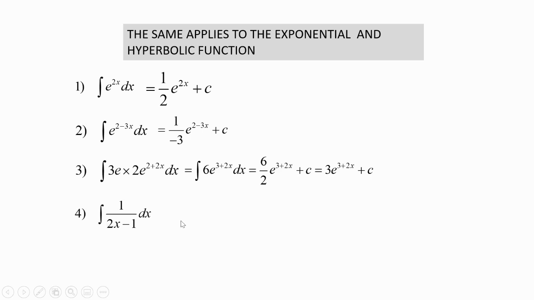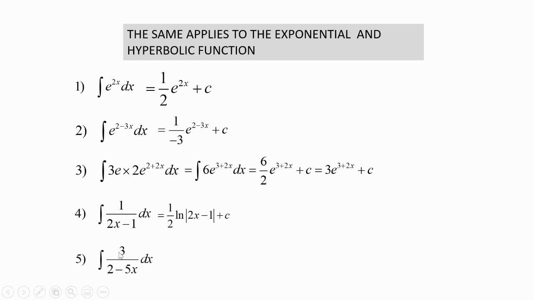When it comes to the hyperbolic function, remember that with the integral, we're dealing with ln, the natural log, but here it's a linear function over there. So I find the derivative of it, so it's going to be a half, or 1 over 2 ln mod 2x minus 1, or absolute value of 2x minus 1 plus c.